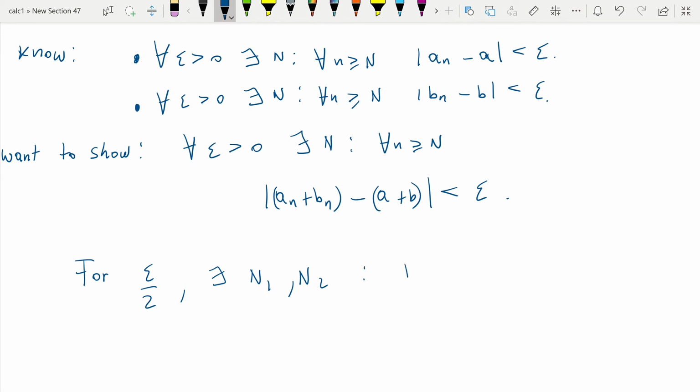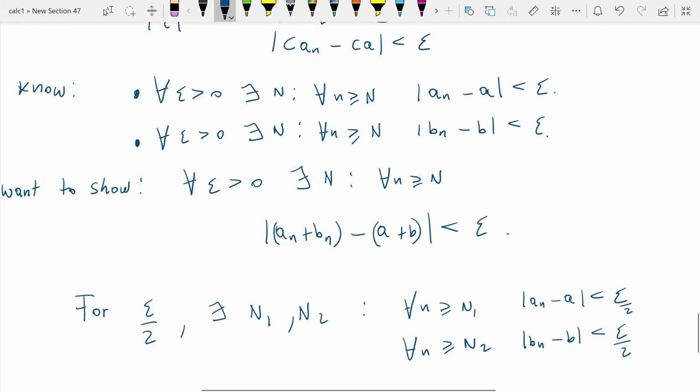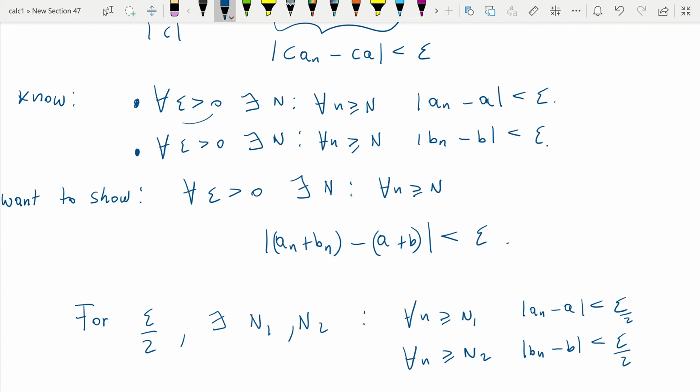such that for all n greater than or equal to N1, |a_n minus a| is less than epsilon over 2, and for all n greater than or equal to N2, |b_n minus b| is less than epsilon over 2. Remember, epsilon over 2 satisfies the same conditions that we have for both statements involving the convergence of these sequences.